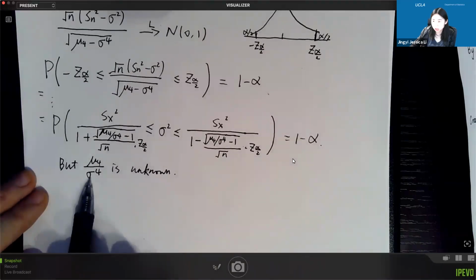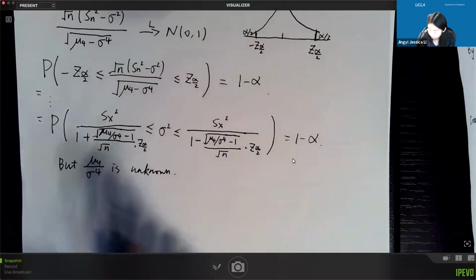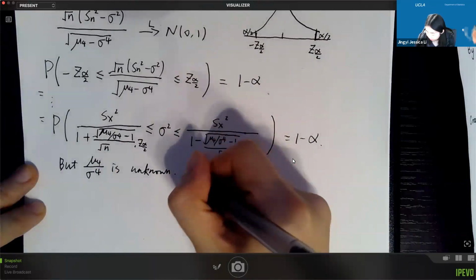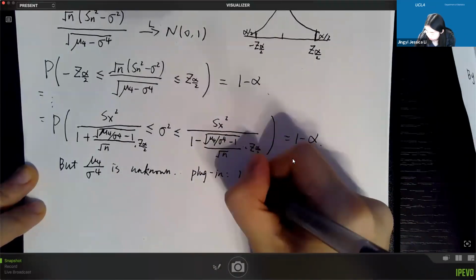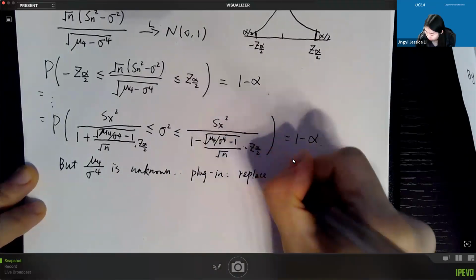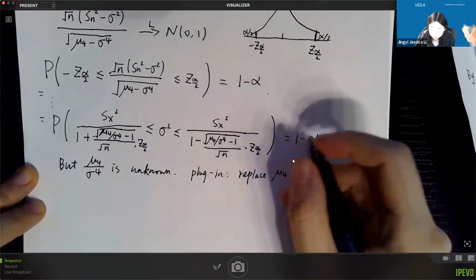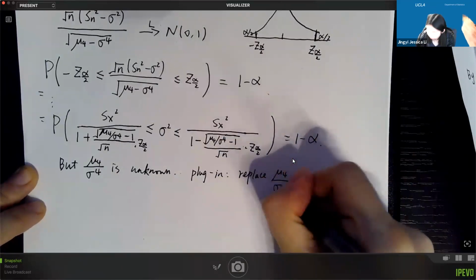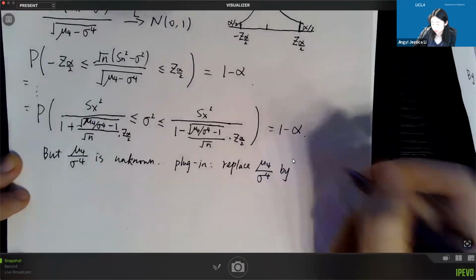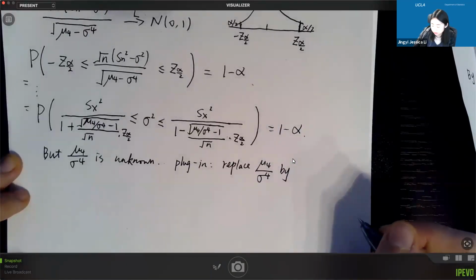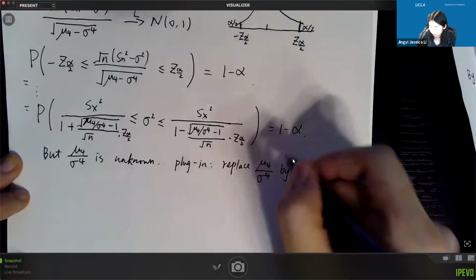And this is called a procedure called plug-in. So then we do plug-in. That is, replace mu4 over sigma fourth by their estimates. And here we can estimate each of them, right?